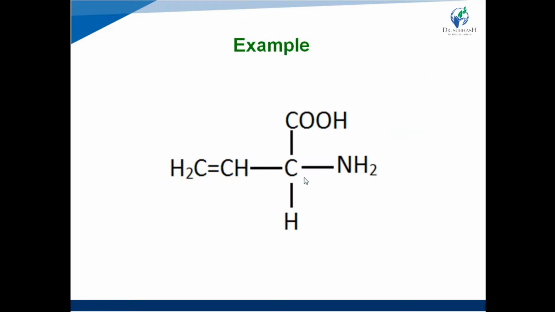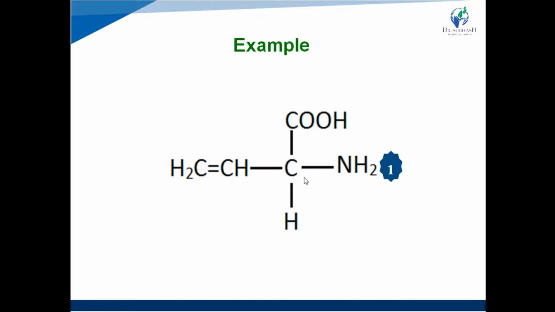See an example. In this, the chiral carbon is attached to an amino group, 1 carboxylic acid group, 1 vinyl group, that is CH double bond CH2, and 1 hydrogen atom, right? So the NH2 group receives first priority. Why? Because one is nitrogen, one is carbon, one is hydrogen, and so 2 carbon atoms are attached to the chiral center.